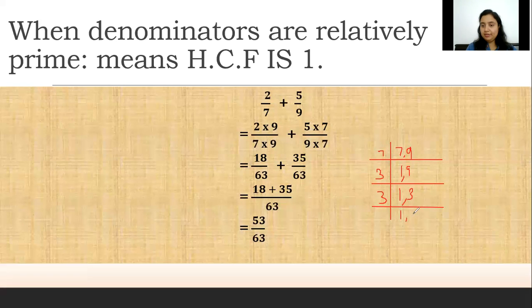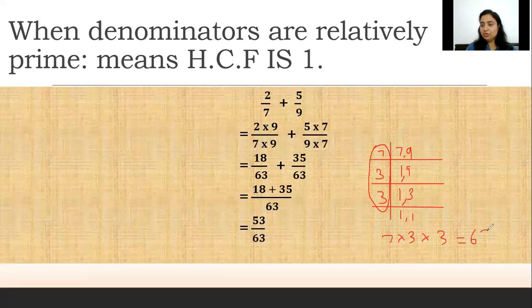Right? Now look at this section. We have to multiply this to get the LCM. So 7 multiply 3 multiply 3. What we will get? If I go reverse, 3 3s are 9, 9 7s are 63.